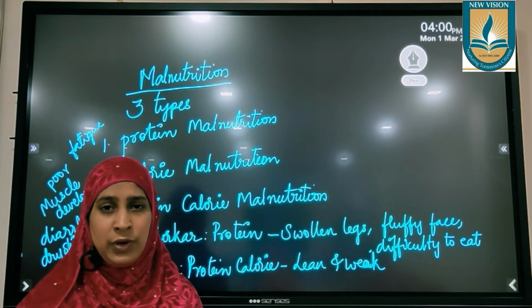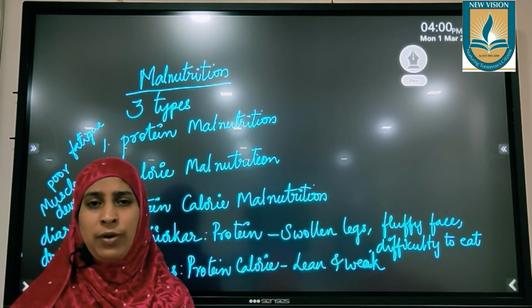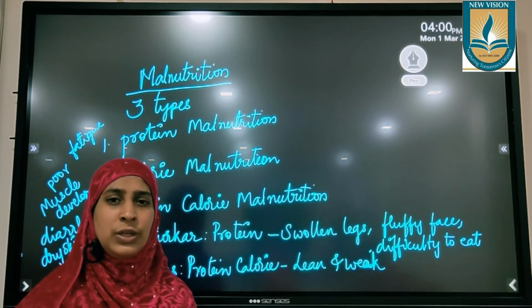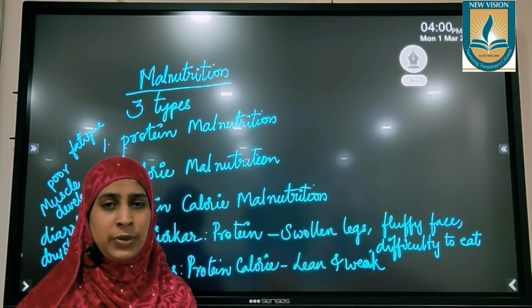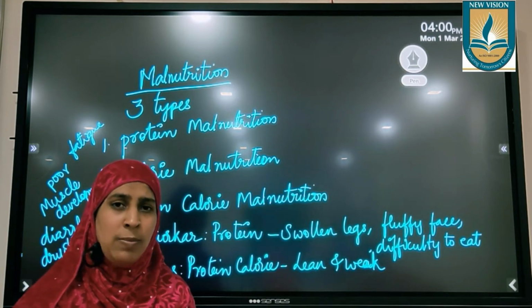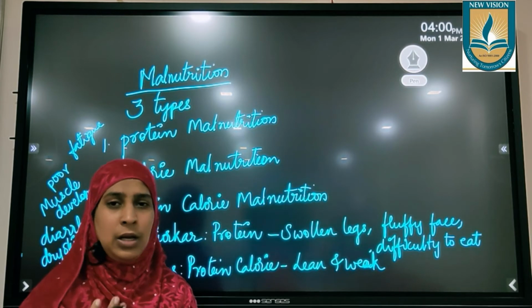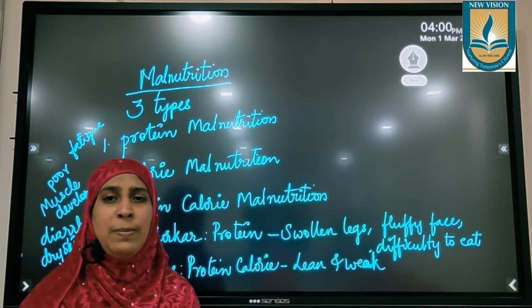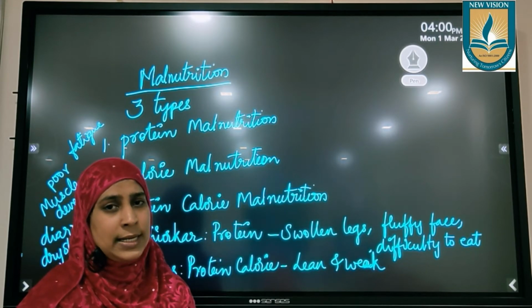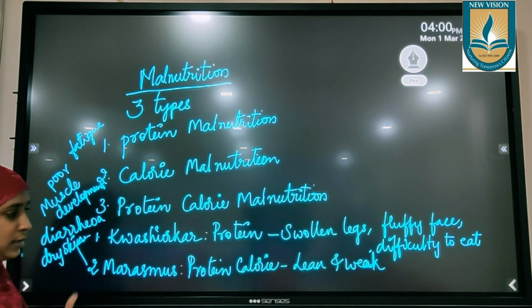A mother has her first baby, and the next year she has a second baby, so she weans off the first. Weaning off means stopping the baby from feeding on mother's milk. When given cow's milk or another external source of milk, the baby is not getting all the required nutrients. This leads to the malnutrition condition called marasmus.